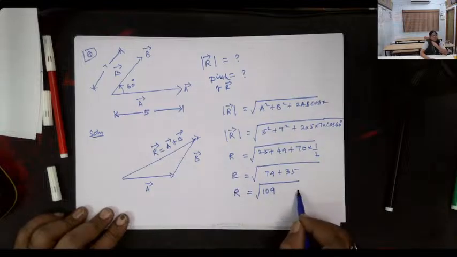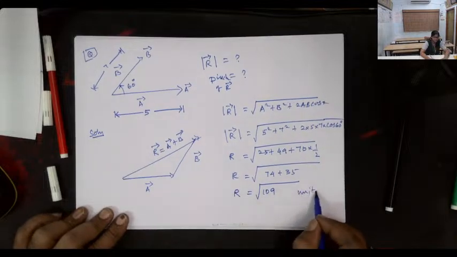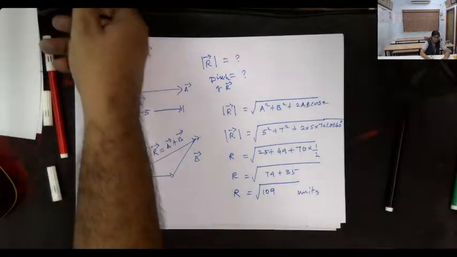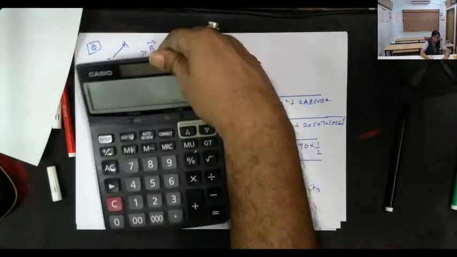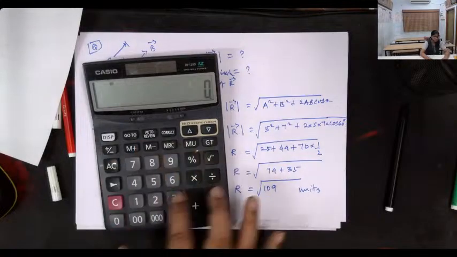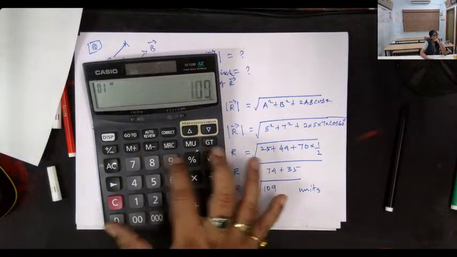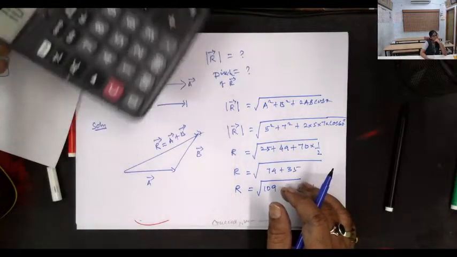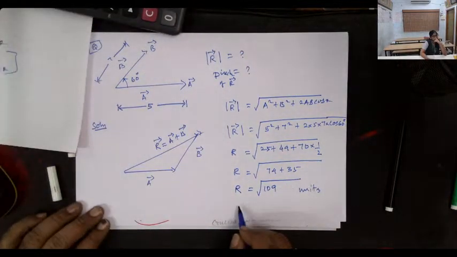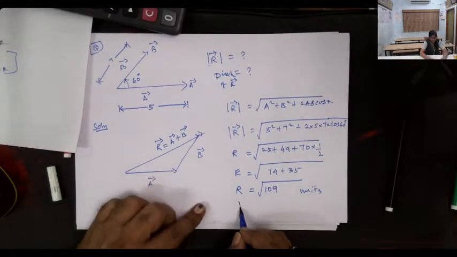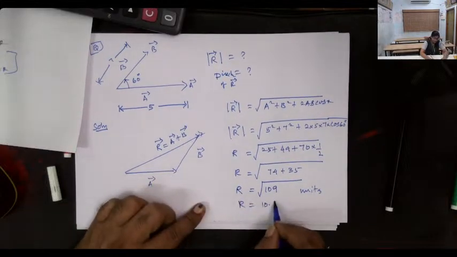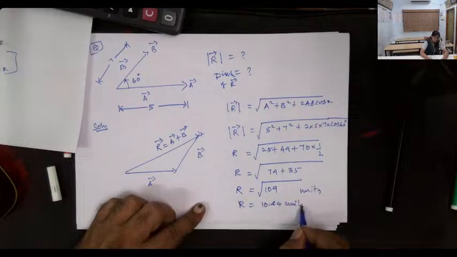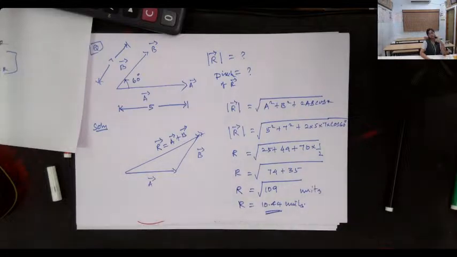So R is equal to square root of 109, which is 10.44 units. This is the magnitude.